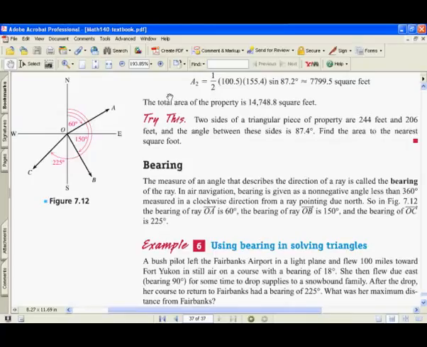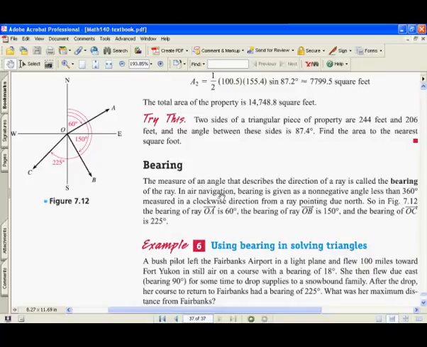Textbook, page 583. So let's define the bearing of a ray. The bearing of a ray is the measure of an angle that describes the direction of the ray. So how do we measure the bearing of a ray?